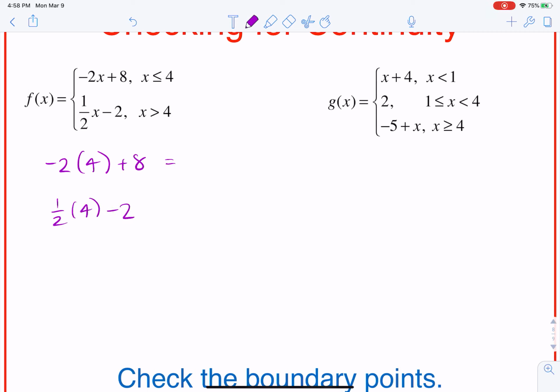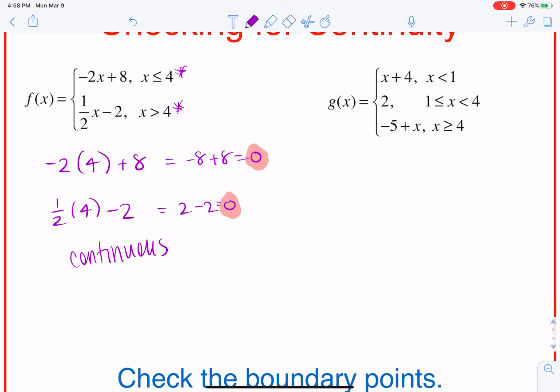So this will give me -8 plus 8, which is 0. And this will give me 2 minus 2, which is 0. And since they both pop out at the same value, we would say this is continuous. Meaning where this piece ends, this one is going to immediately pick back up.